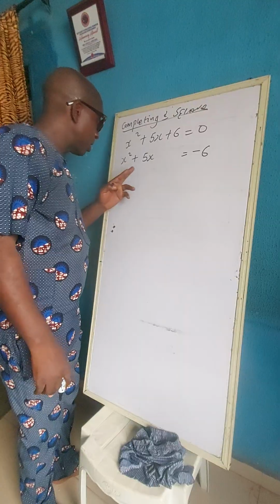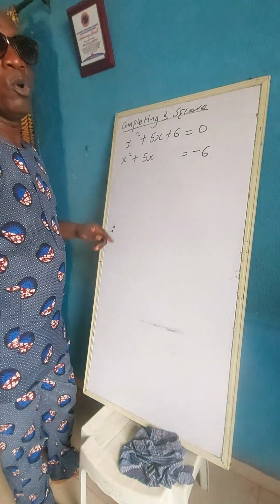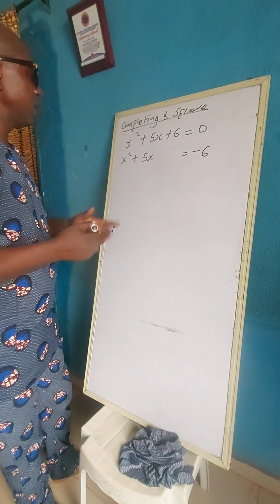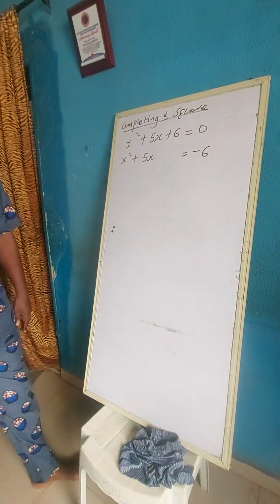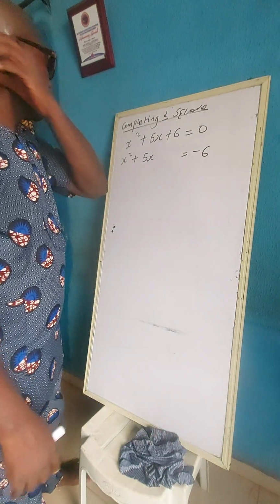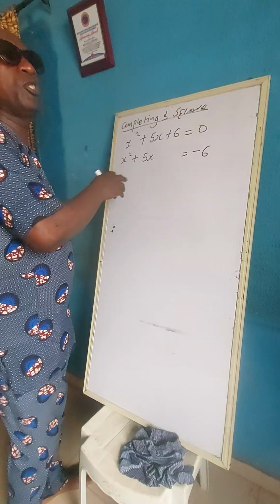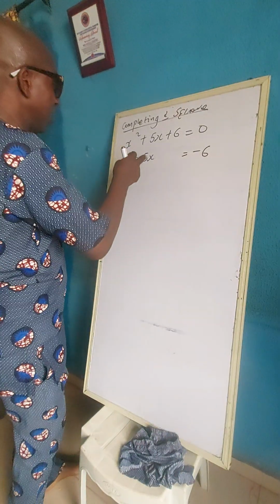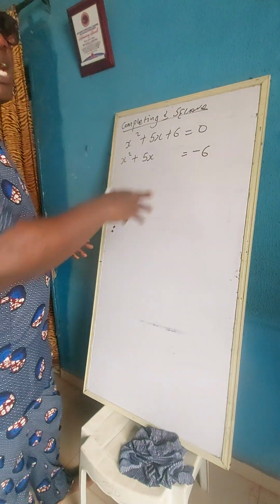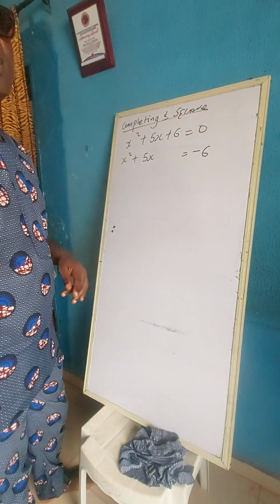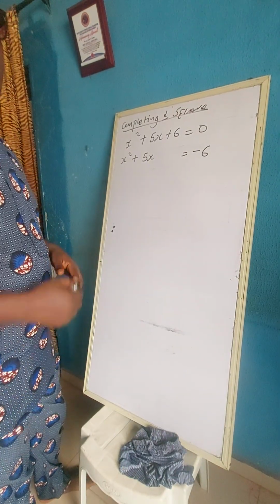Now, x squared plus 5x. What do we do? We make this one a perfect square. How do we make it a perfect square? We make sure that the third value here, we inscribe it and we put the other one at the other side so that we balance it.